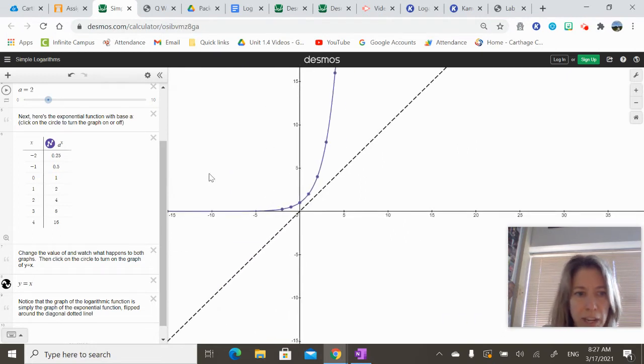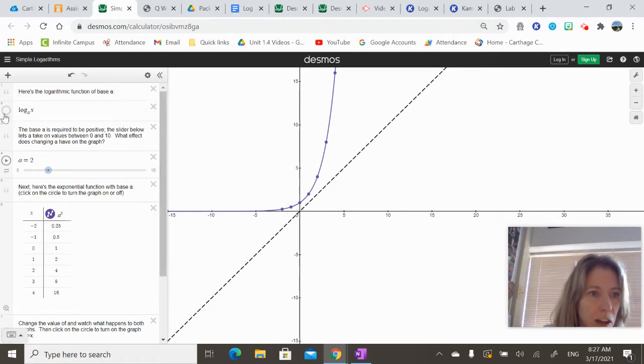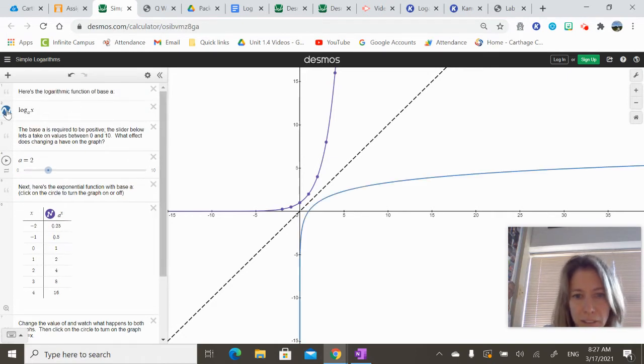So this is my exponential, and if I click up here, it'll graph the log with the same base. So this is the log, and you can tell if this is the line y equals x and I reflect it, this is the log graph. It's the mirror image of this exponential in the line y equals x.